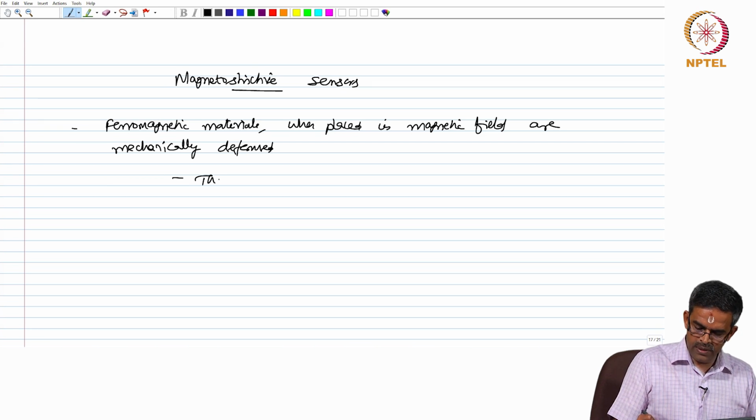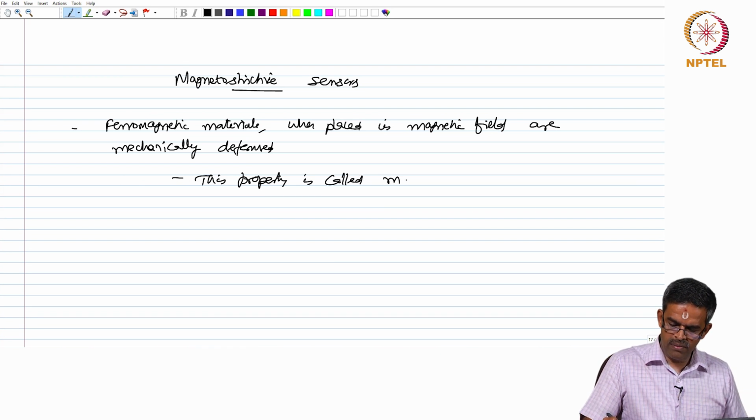This property is called magnetostrictive effect.